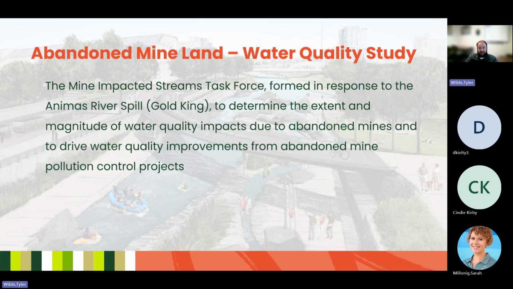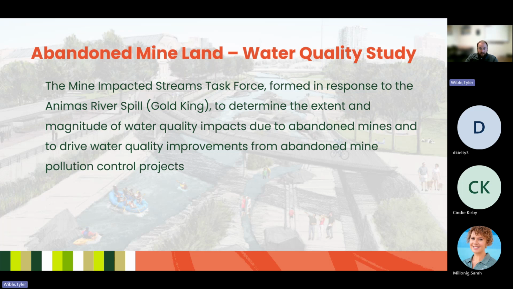That's kind of what we're really trying to keep a look at. So this was a task force put together, the Mine Impacted Streams Task Force. I'll have a link to that later on the Water Quality Control Division's website, basically to try and determine the extent and magnitude of water quality impact due to abandoned mine land drainage. So specifically the water side of it.